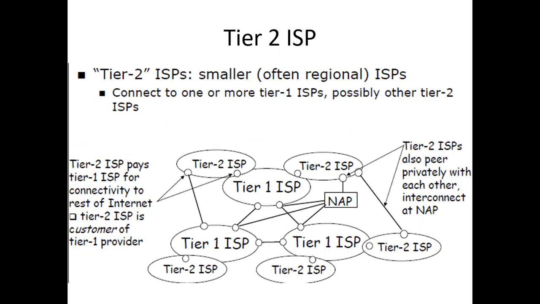Tier 2 ISPs are connected to tier 1 level ISPs. So for these connections, they have to pay whichever tier 1 ISPs they are connected to. And that's how the tier 1 ISPs make money, providing service to the tier 2 level ISPs.